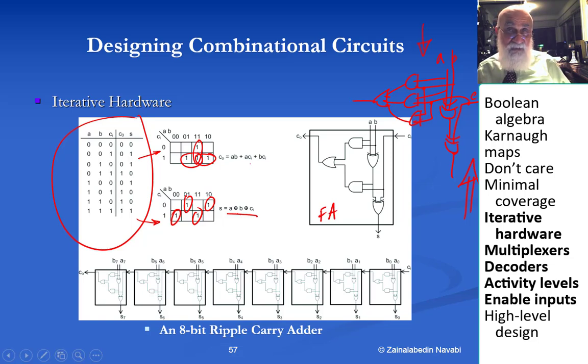In order to build, let's say, an 8-bit adder, you take 8 of these full adders and put them together into an 8-bit adder. An 8-bit adder, carry in, you put a 0 here, and then you have 8 inputs, A0 through A7, B0 through B7, and then 8 outputs, S0 through S7, and you also have a carry output.